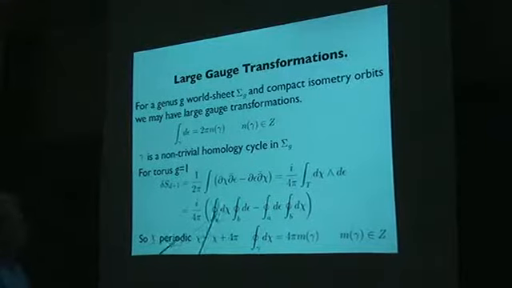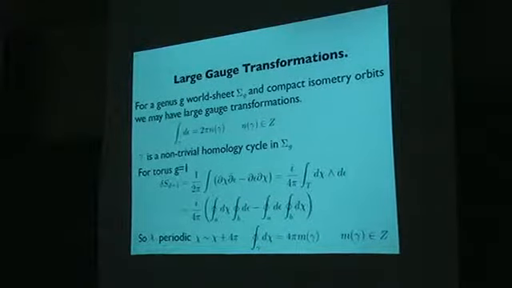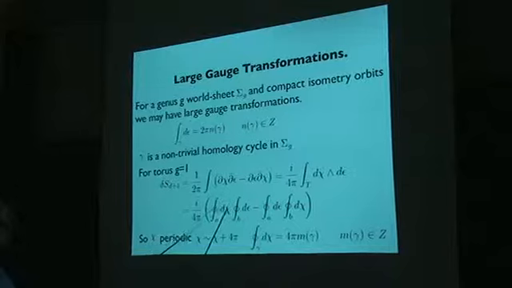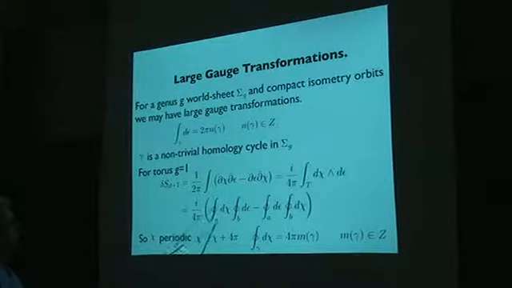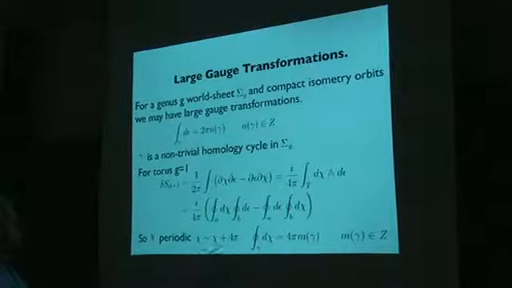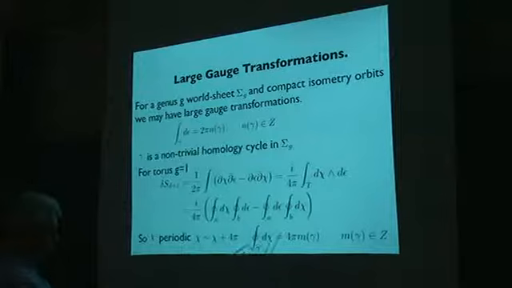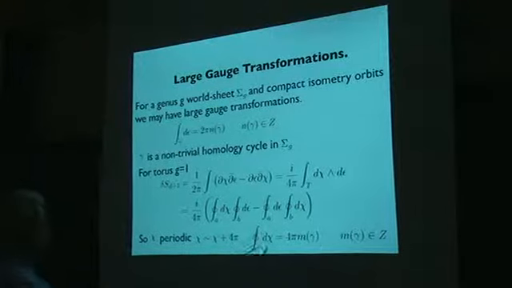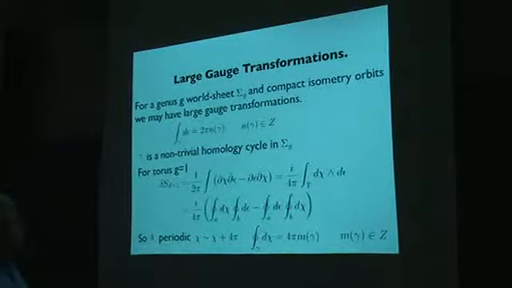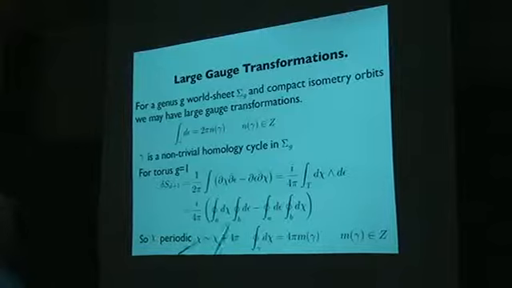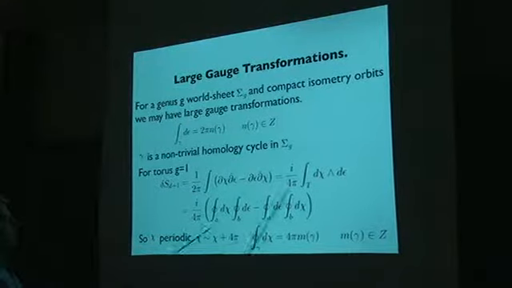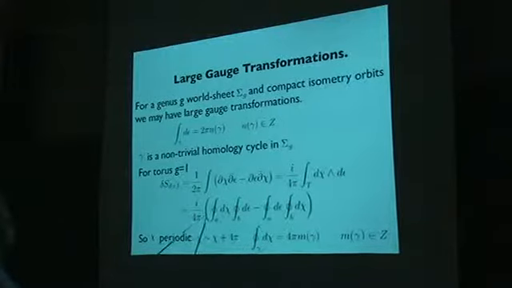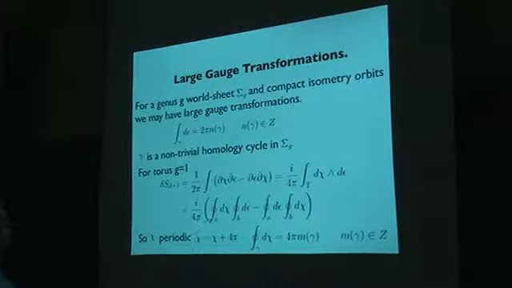if chi is a compact, if chi is a periodic scalar, which can also have winding, then we'll see that if chi is periodic with period 4 pi, then the integral of d chi could give a winding number m, and then you would get 2 pi times 4 pi times an integer divided by 4 pi.